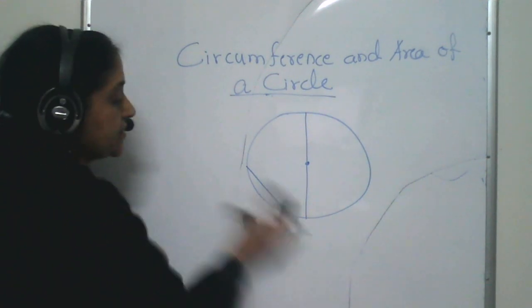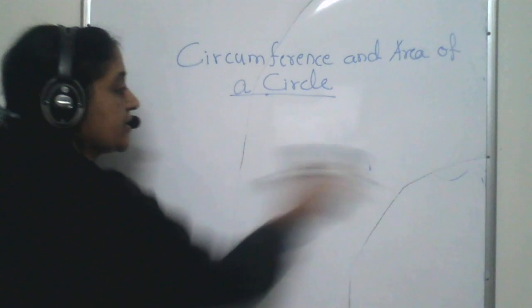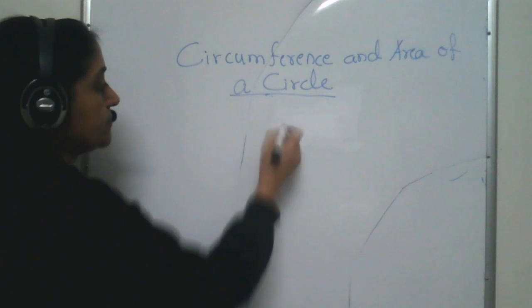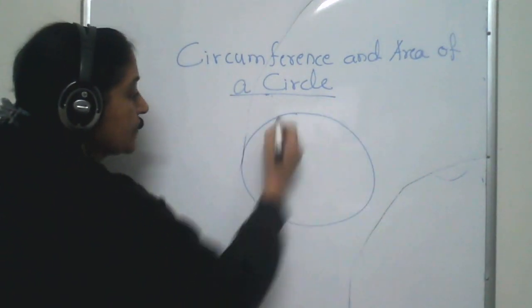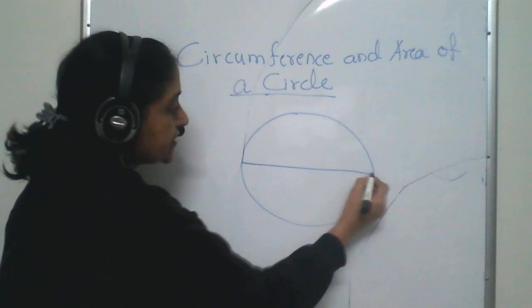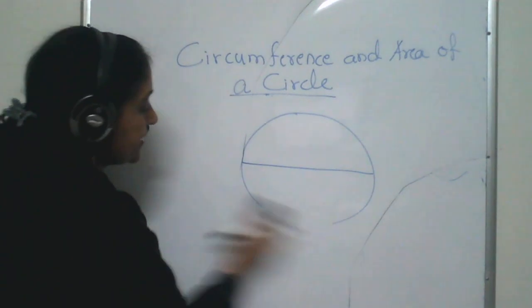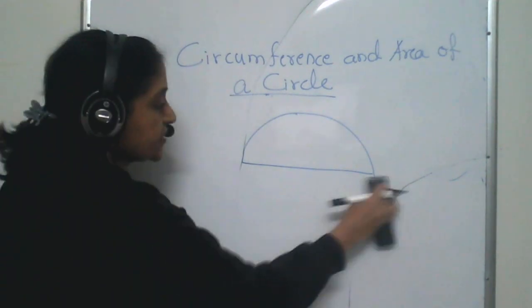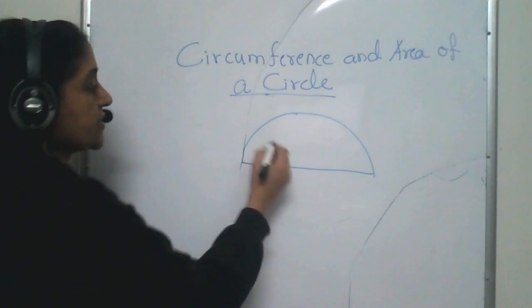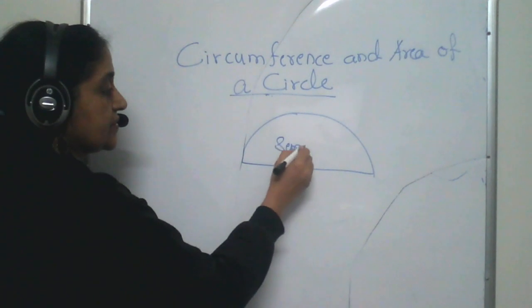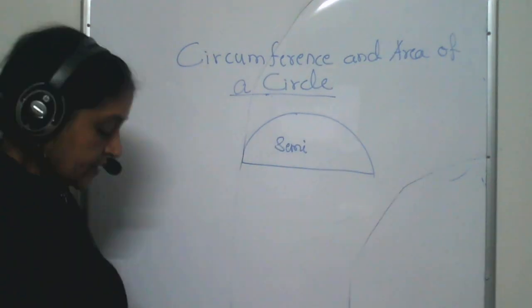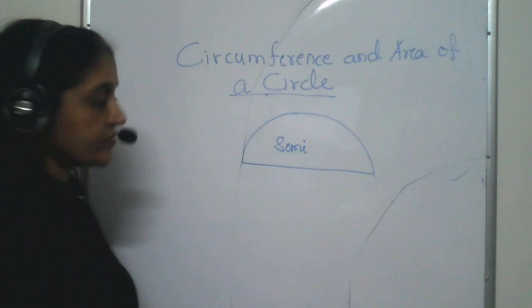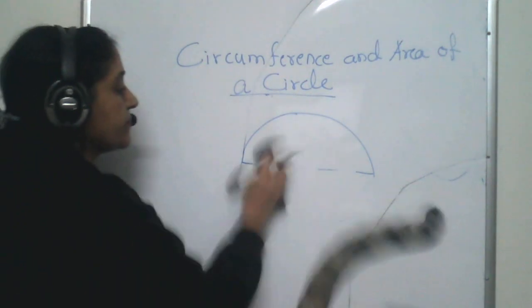But I have sliced it vertically. But if you make a horizontal slice, this is called a semicircle.